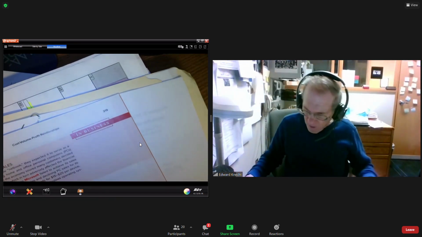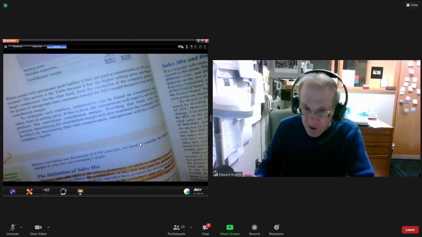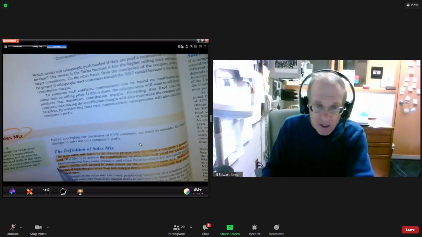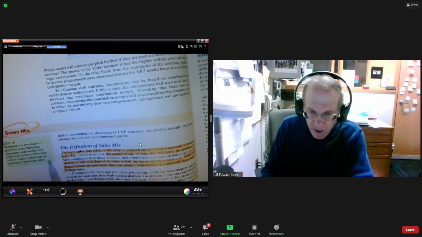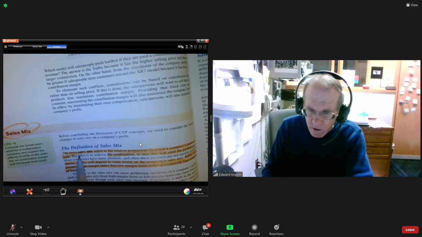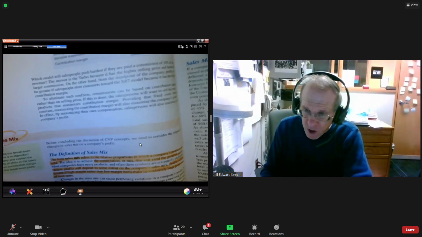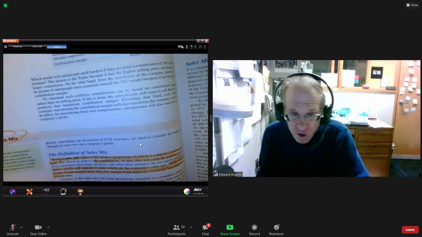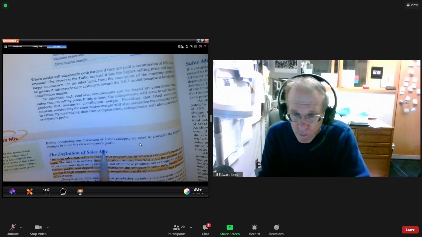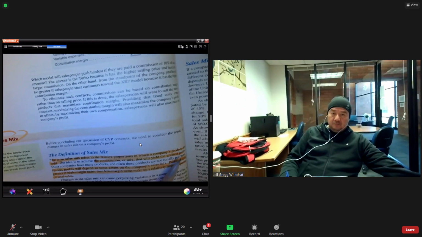Now, the last item in the chapter has to do with sales mix. Oh, this is important. Look, I circled it and highlighted. What does the term mean? So understand what it means. Sales mix refers to the relative proportion in which a company's products are sold, the combination or mix that will yield the greatest profits.